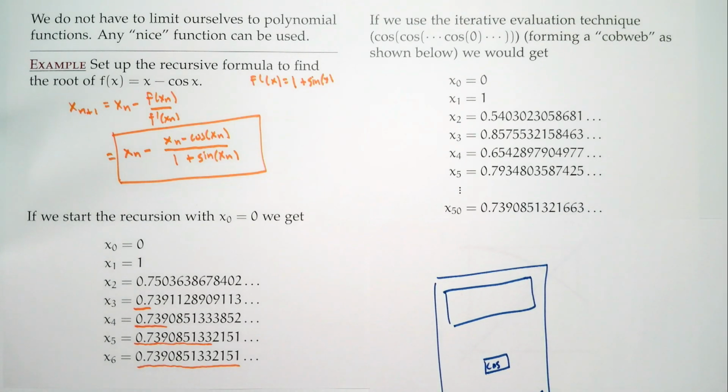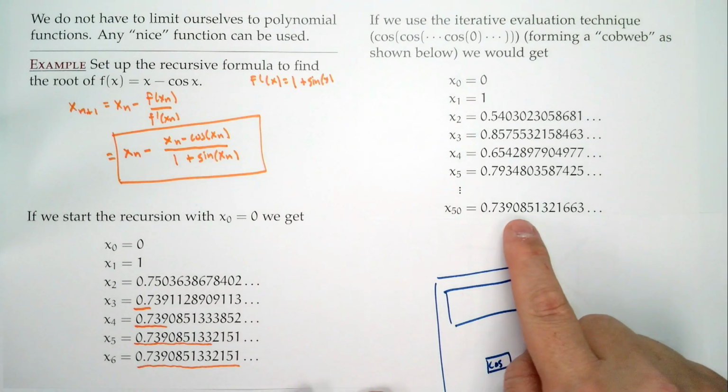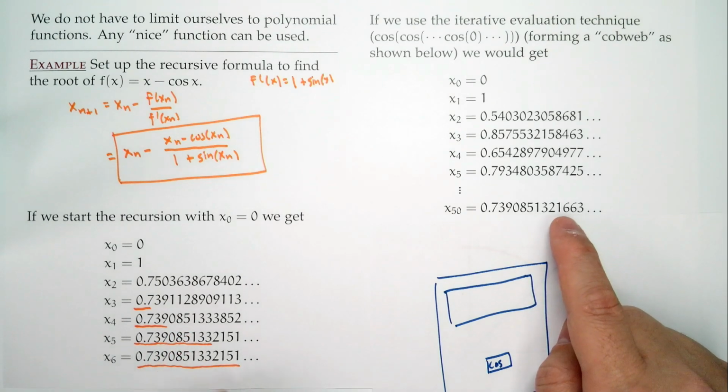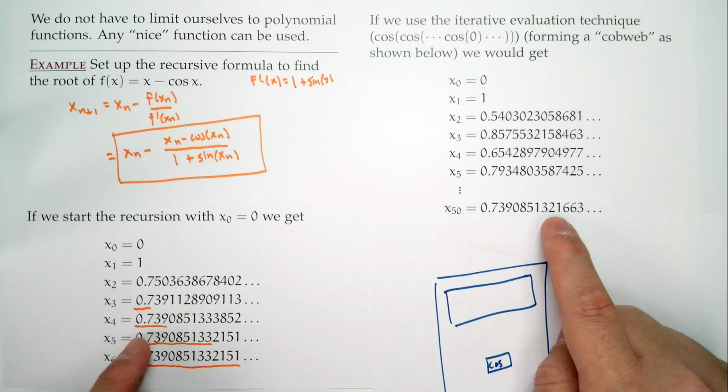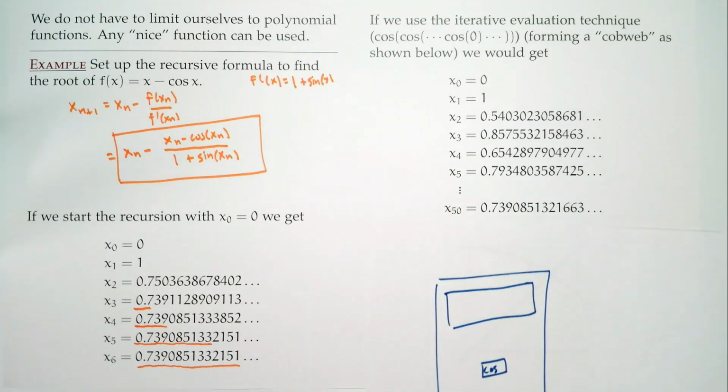If you did it 50 times, pushing that cosine button 50 times, you'd be at 0.739085513, but then you'd start to diverge, which means that after only 4 steps of Newton's method, we're more accurate than just hitting this cosine button 50 times.